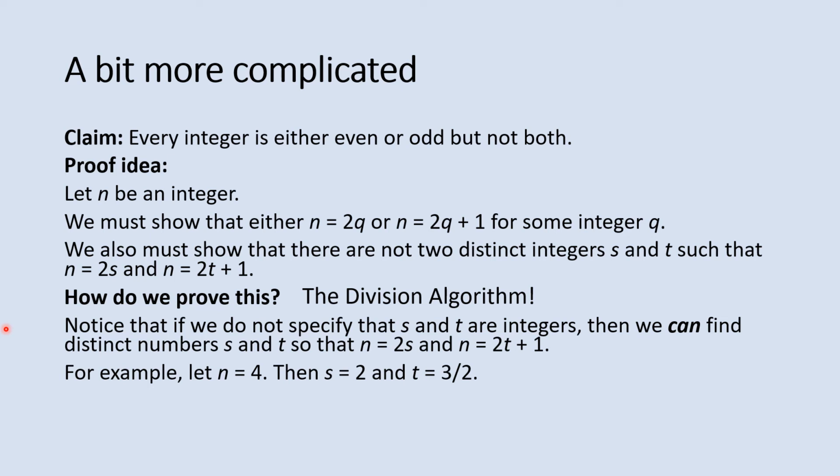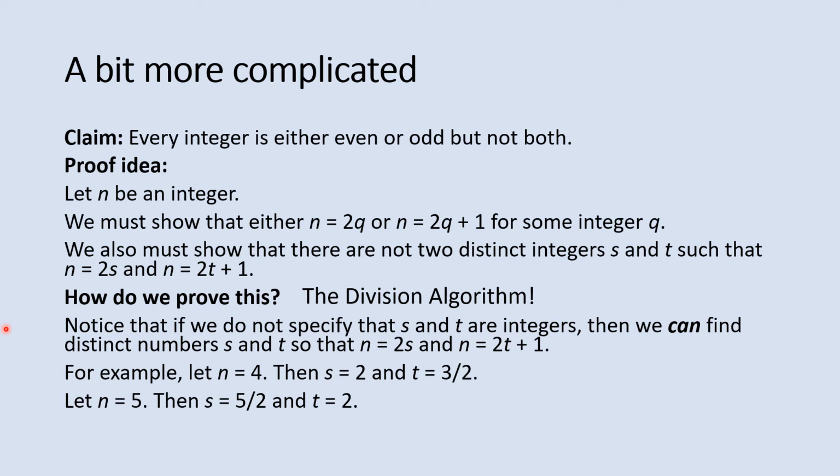Okay, so if we don't specify integers, then although it feels like, oh, you can't have 2 times s and 2 times t plus 1 being the same number, you can if you allow fractions. If n were an odd number, say 5, then s would be 5/2 and t would just be 2.